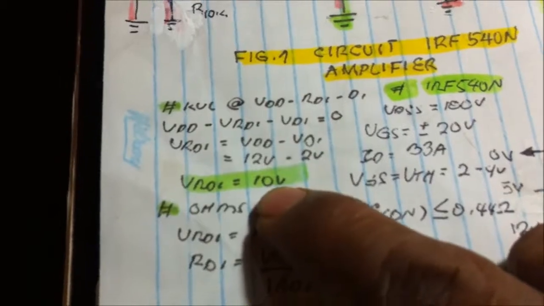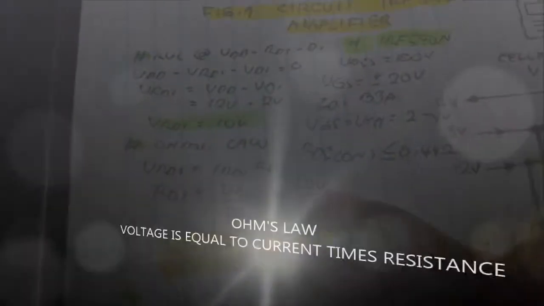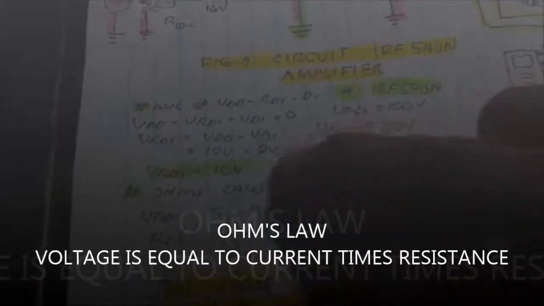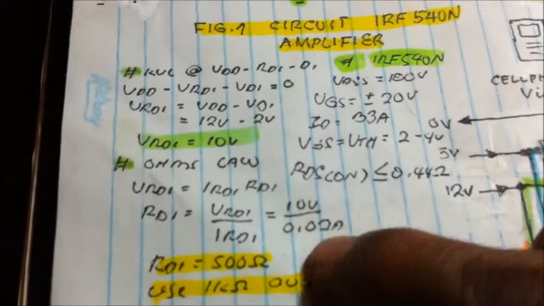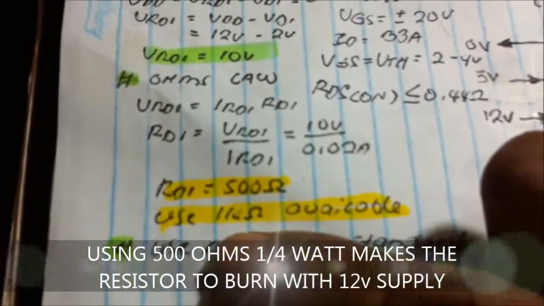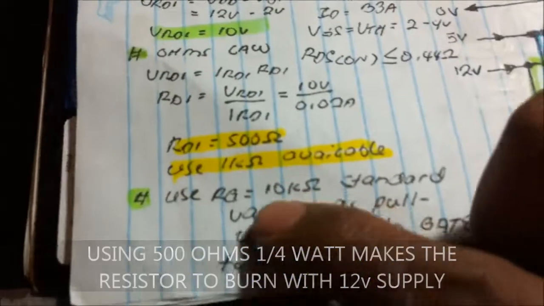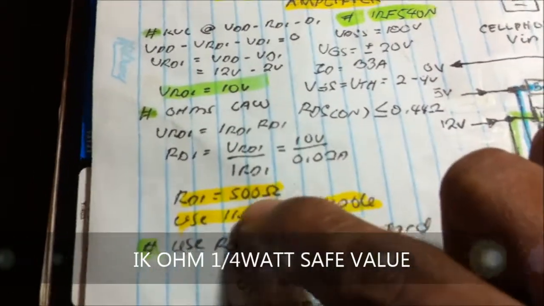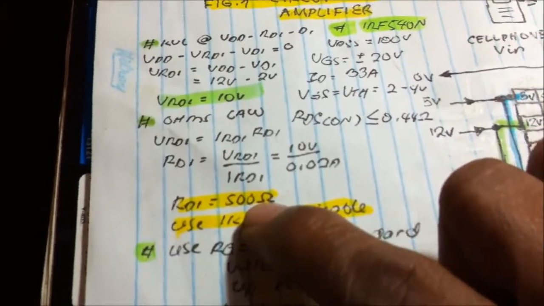I got 10 volts using Ohm's law. 10 volts, and the voltage to turn on the LED is 2 volts. The current to turn on the LED is 0.02 ampere. I got 500 ohms, but I use 1 kilo ohm because I'm using 12 volts, and 1 kilo ohm is the safe value. If you're going to use 500 ohms, the resistor is getting very hot.